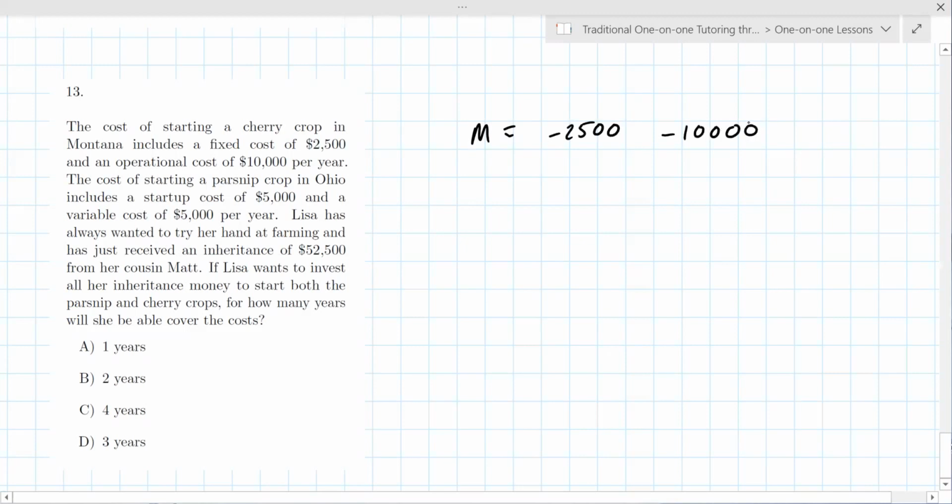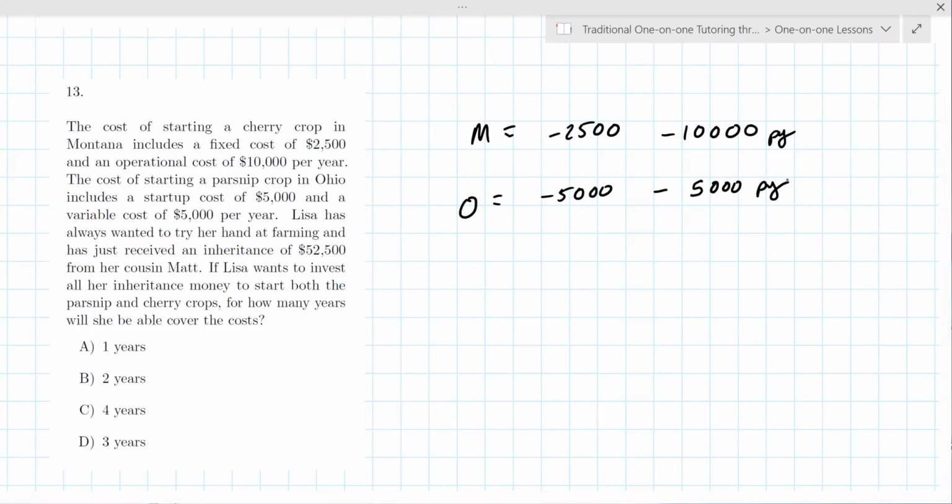And then Ohio minus 5,000 and then minus 5,000 per year. And so for just the one-time costs, it's 7,500 combined. He has $52,500.